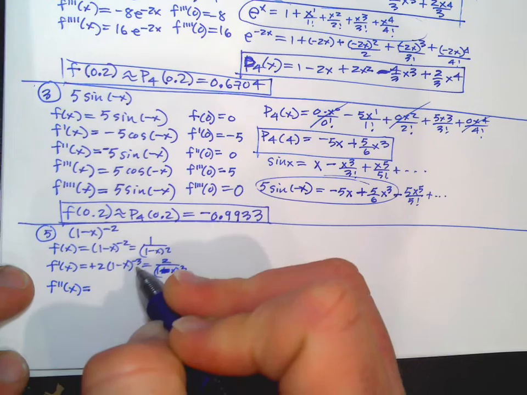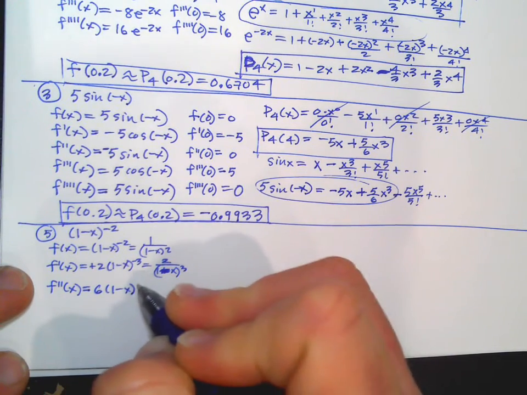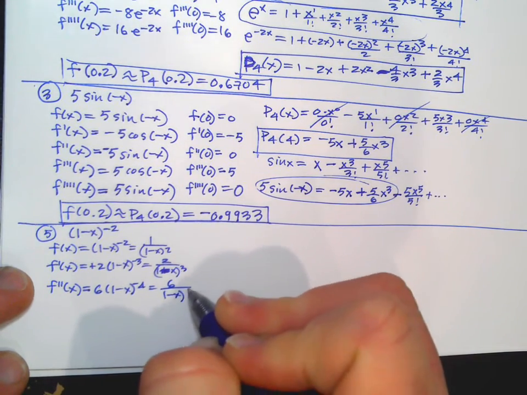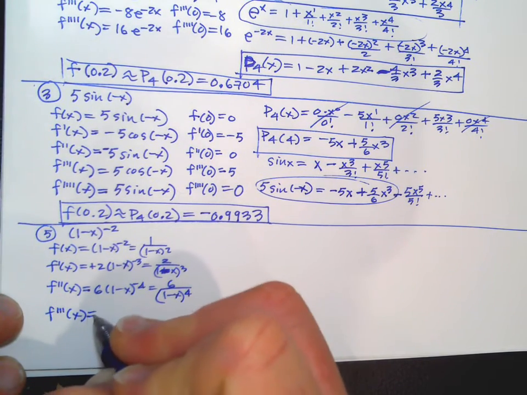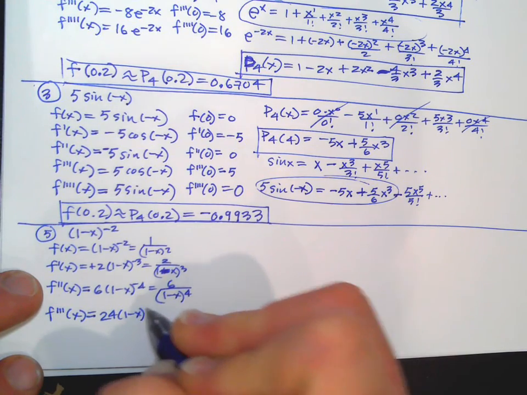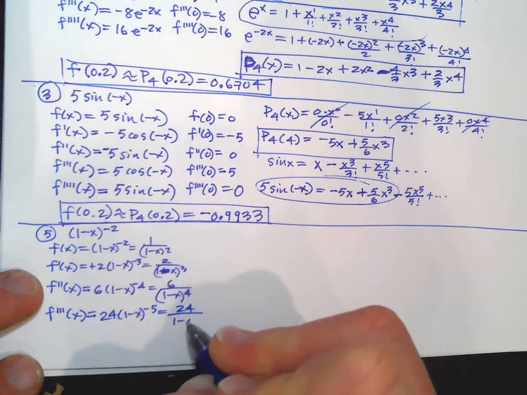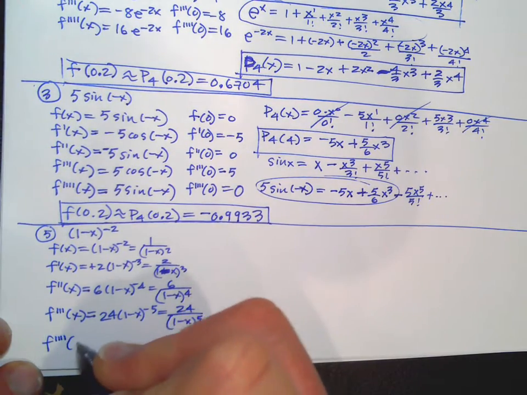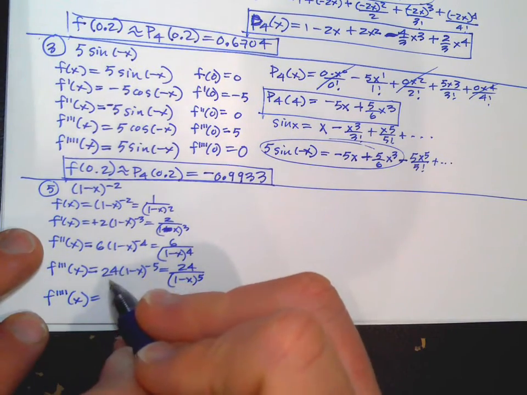So that'd be negative 6, but it's going to be positive 6 because the extra negative pops out. Negative 24, positive 24. Negative 120, positive 120.